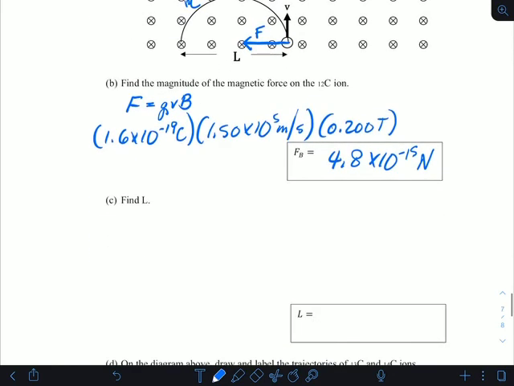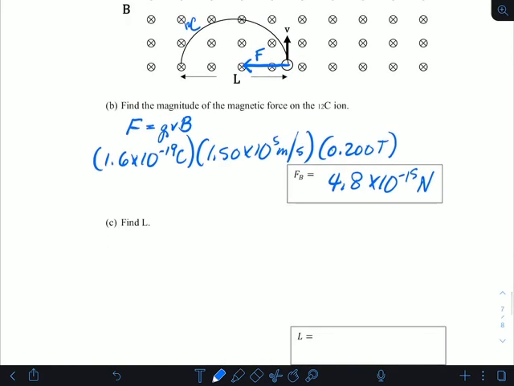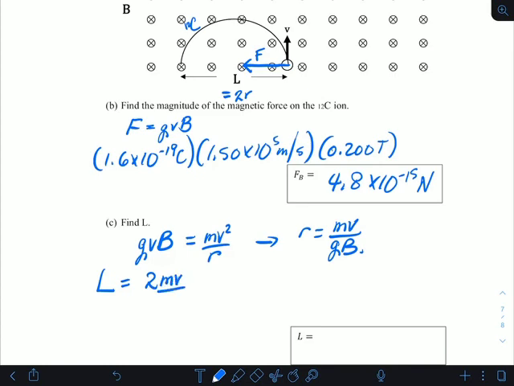Now if I want to find L, notice that L is equal to twice the radius that we have found. Remember that if we set the force equal to the centripetal force, then we get that the radius of that circular motion is mv over qB. So that tells us that L is equal to twice that. If you don't remember this equation, it's also on the equation bank.